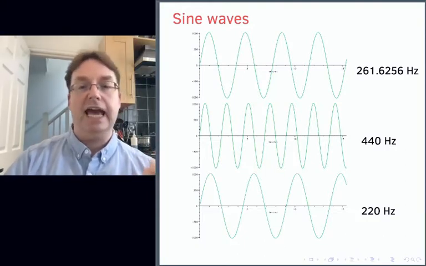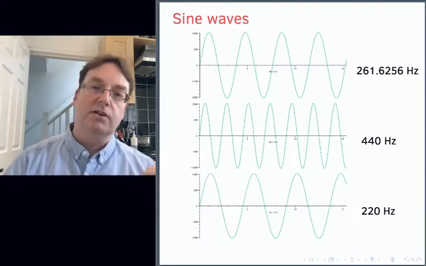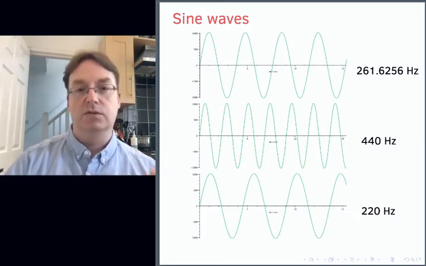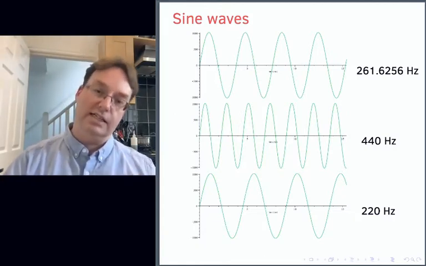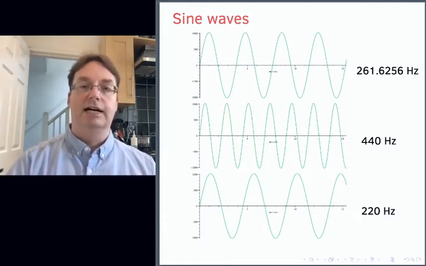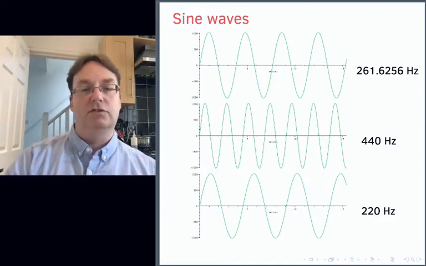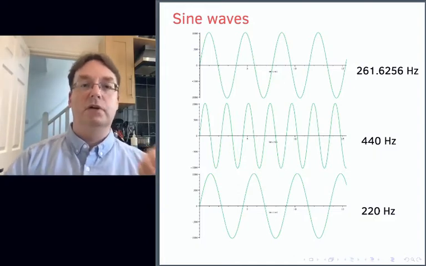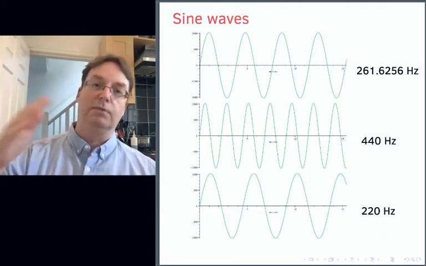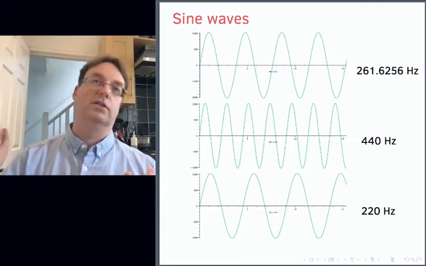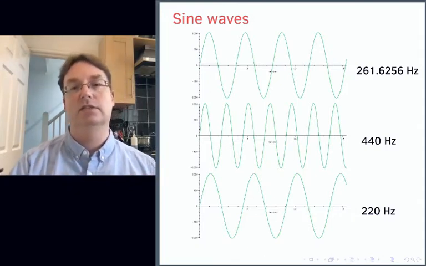Now notice that the A's are nice round numbers, that's because the frequencies of notes are really defined relative to A. The A above middle C is defined to be 440 hertz and everything else is done relative to that. The two A's differ by a factor of 2, and that's because an octave in music is a factor of 2. And so when you double the frequency, you're going up by an octave. When you halve the frequency, you're going down by an octave.